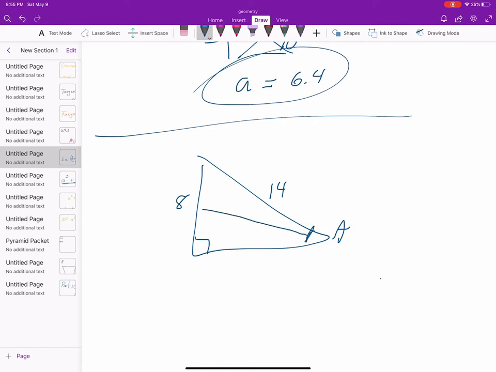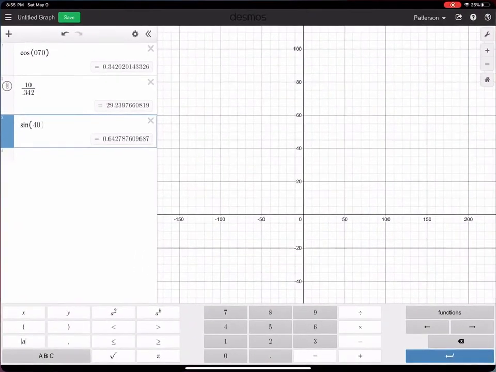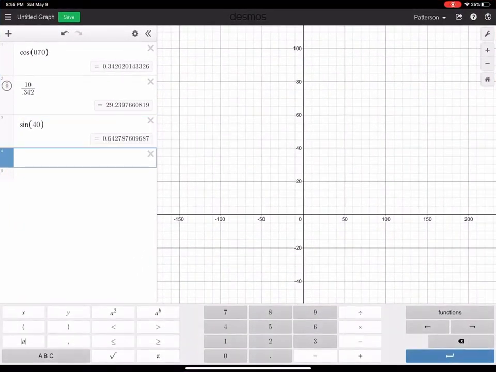So I'll go opposite over hypotenuse. Opposite hypotenuse, that's got to be a sine. So I'm going to go sine A equals opposite 8 over hypotenuse 14. I don't know what the angle is, so I'm going to use that little inverse thing that I did with tangent to find the angle. So I'm going to come down here.